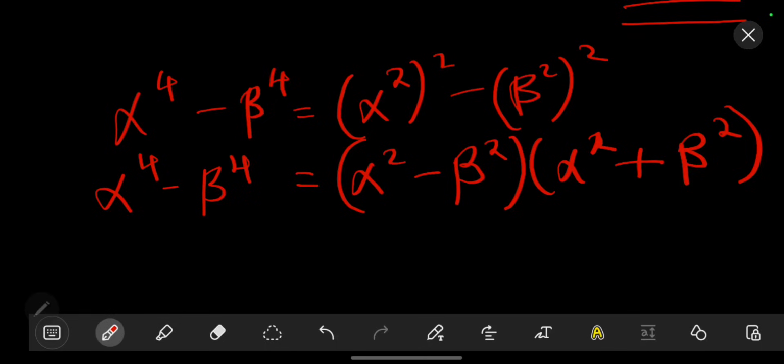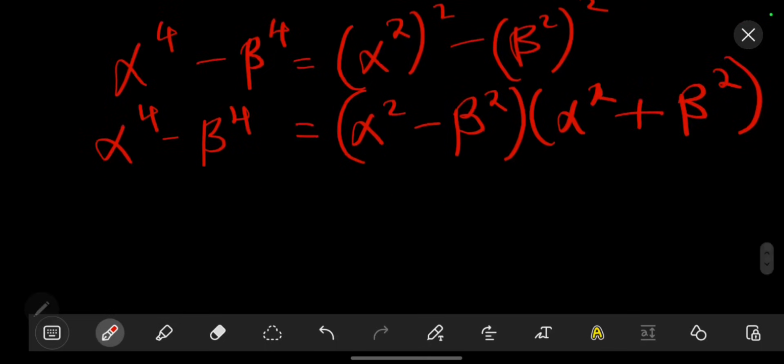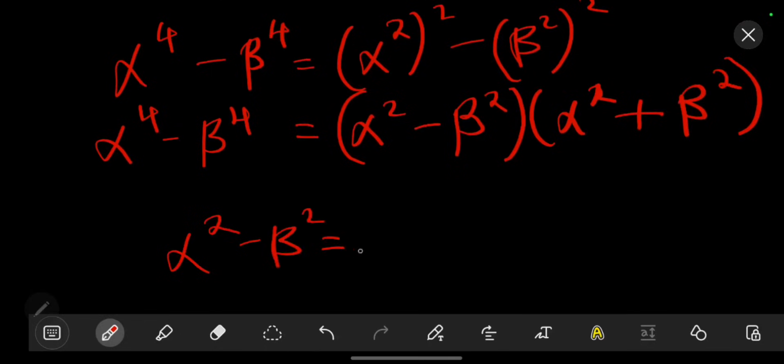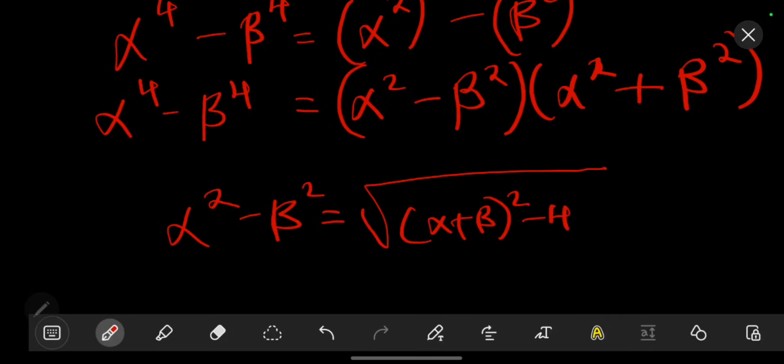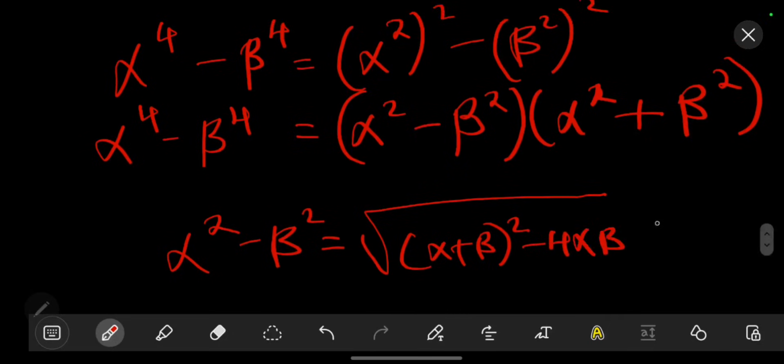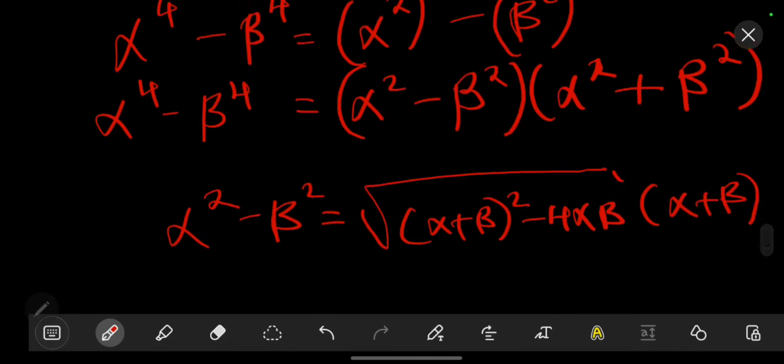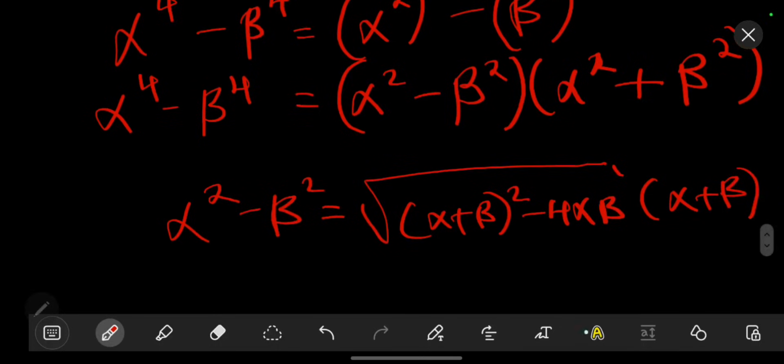To find the value, what you can do is evaluate what alpha squared minus beta squared is equal to, which we found to be the square root of alpha plus beta, squared, minus 4 alpha beta, times alpha plus beta, like that. So this is the identity that works for this one.